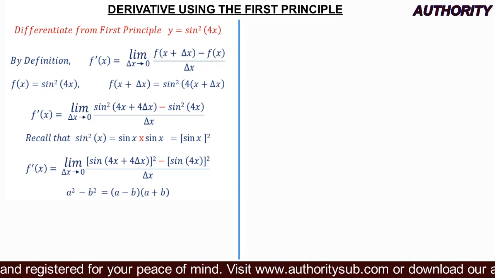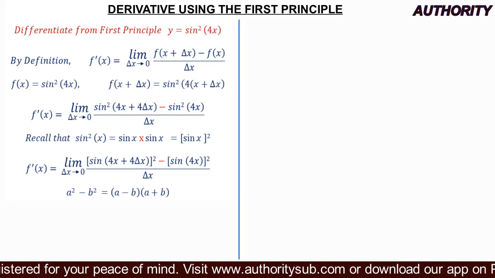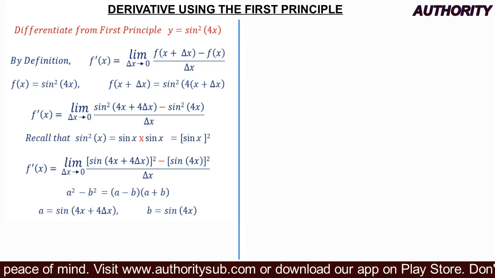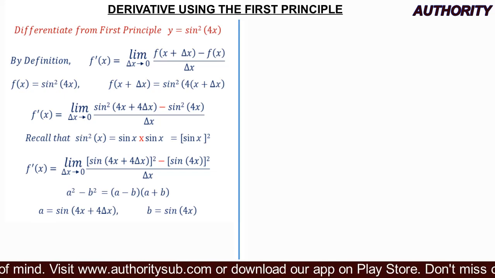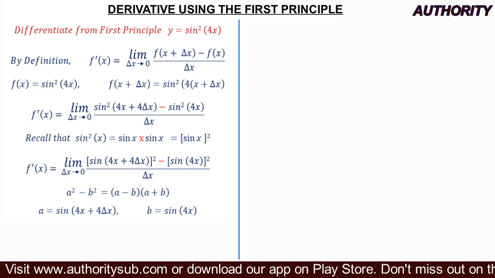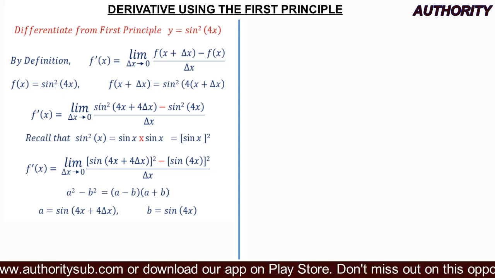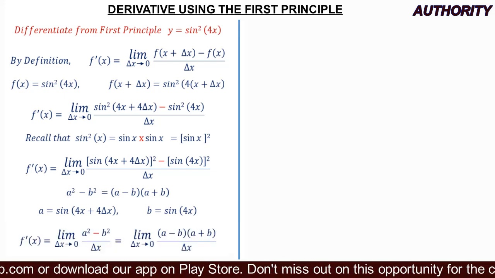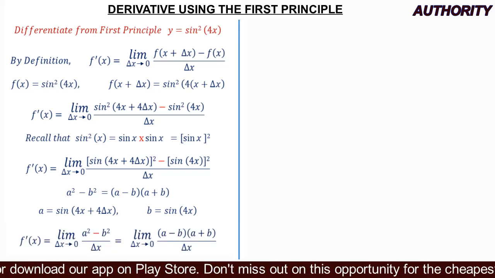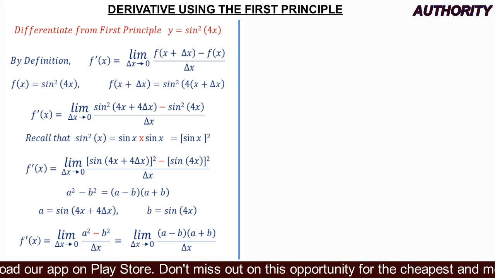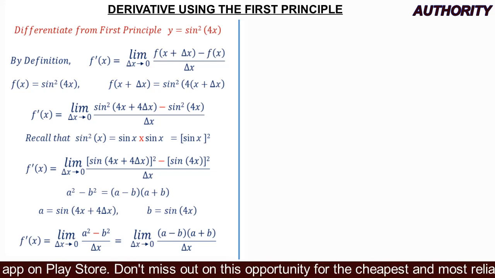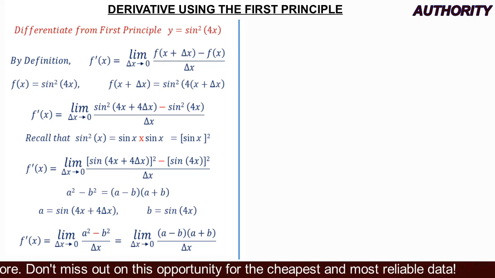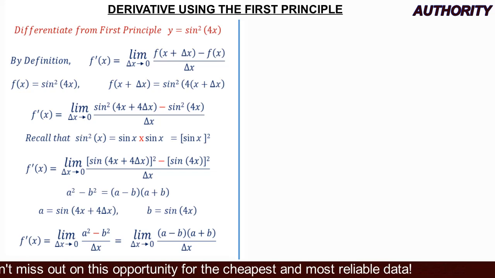Okay, so you can see in this case that sin(4x + 4 change in x) can stand as our a, and sin 4x can stand as our b, so that we will have a squared minus b squared. So a is sin(4x + 4 change in x), and b is sin 4x.